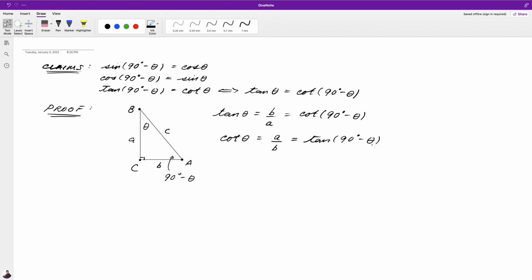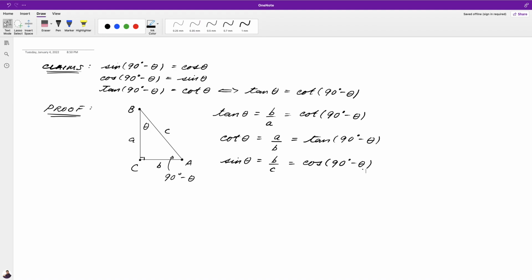All right. Well, what about the sine of theta? Sine of theta is equal to B over C, opposite over hypotenuse. Well, B over C, that's the same thing as the cosine of 90 degrees minus theta.